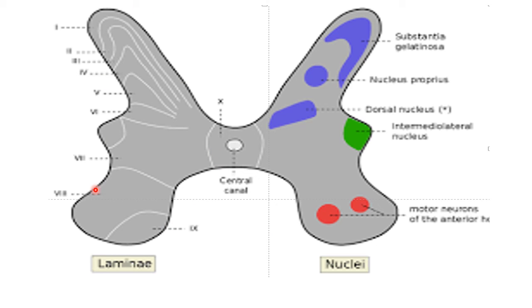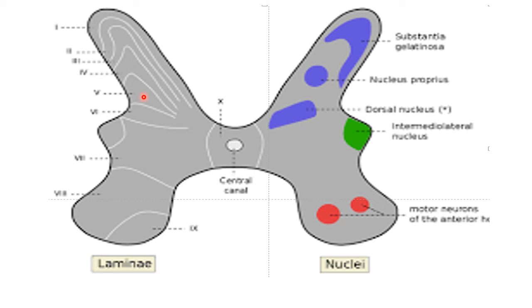So this is the gray matter. Gray matter can be divided into 10 layers, numbered in Roman numerals from 1 to 10. Lamina 1 is the outermost, 2 is the substantia gelatinosa, then 4 is the nucleus proprius.